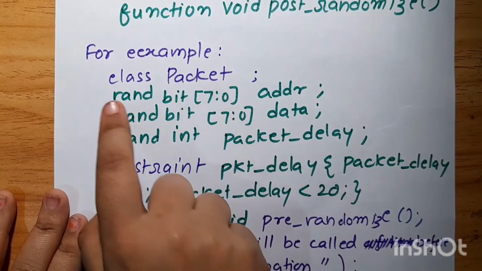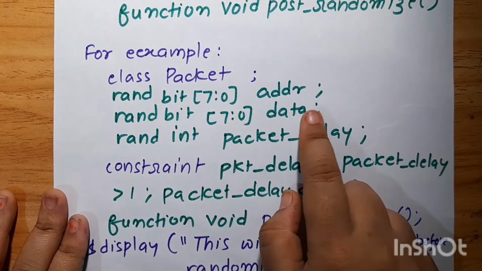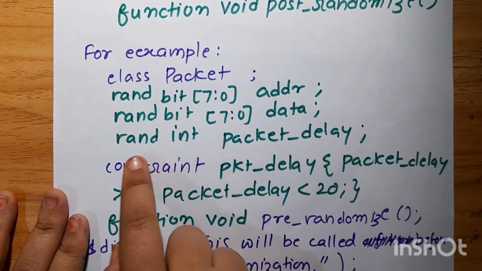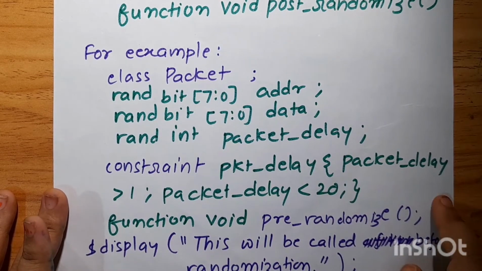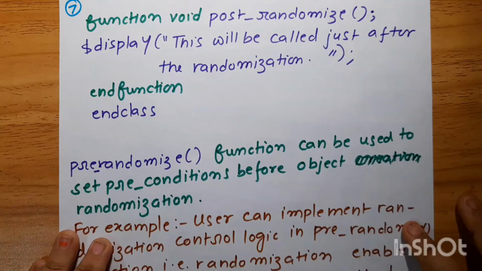For example, class packet, same class, rand bit [7:0] address; rand bit [7:0] data; same, rand integer packet_delay; then a constraint for the packet delay. Then function void pre_randomize, $display, this will be called before randomization, and endfunction. This is the pre-randomize. Now post-randomize will come.